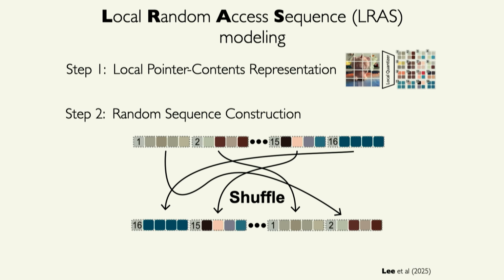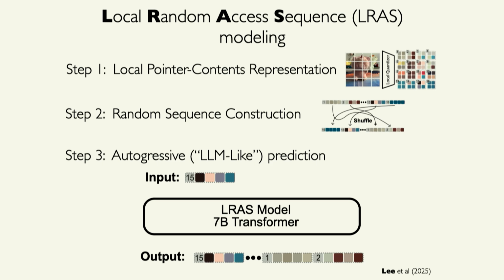Then we give the model these pointer tokens, which allow it to jump around during its prediction and predict the image in arbitrary order. See, text is one-dimensional, but images and other data types are higher dimensional. And if we want to do a causal GPT-style modeling approach, we need to be able to arbitrarily jump around the sequence we're predicting. And then we put this into a big LLM-like model, and we train it.